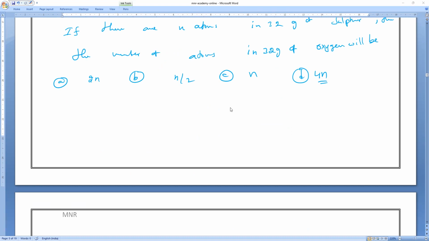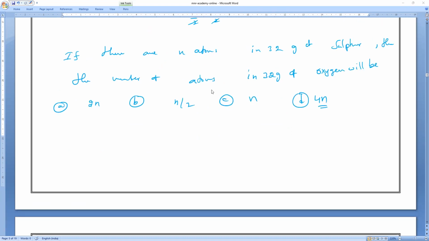32 grams of sulfur contains n number of atoms. Then how many atoms are in 32 grams of oxygen? So how to find it? Very simple.